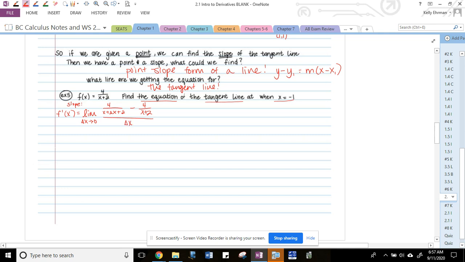That is an ugly complex fraction, so I want to work on it by multiplying by the LCD, x plus delta x plus 2 times x plus 2, top and bottom.